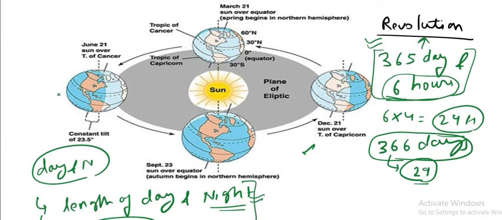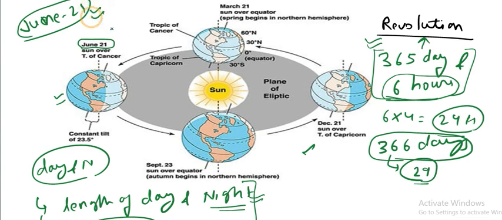Starting with this one, this diagram shows the dates you need to remember. This is June 21. On June 21, we know that it is the summer season in the northern hemisphere.